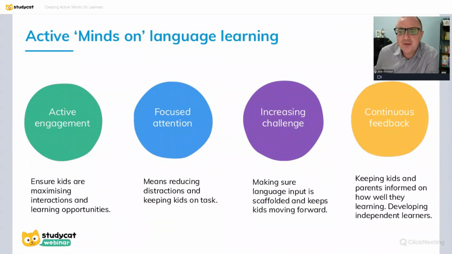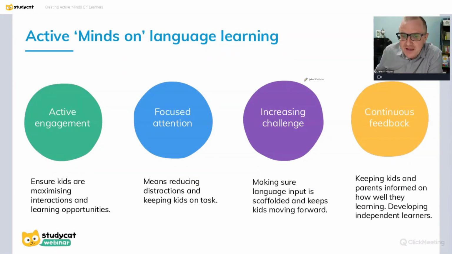Last one is continuous feedback. This idea that in a lot of learning, a child does a test, they hand it to the teacher, and then they get the feedback 2 days later or a couple of days later. And the child's sort of forgotten what they were doing on that day. They made a mistake, and then they've got to go back and think about it. A lot of the research now is saying we need to be able to give constant real-time feedback on the learning, because that's how the brain works.